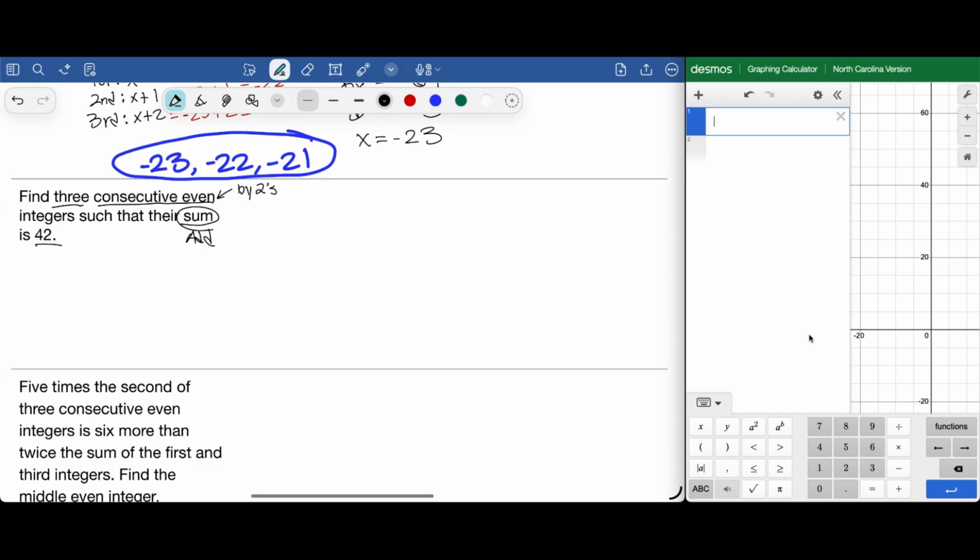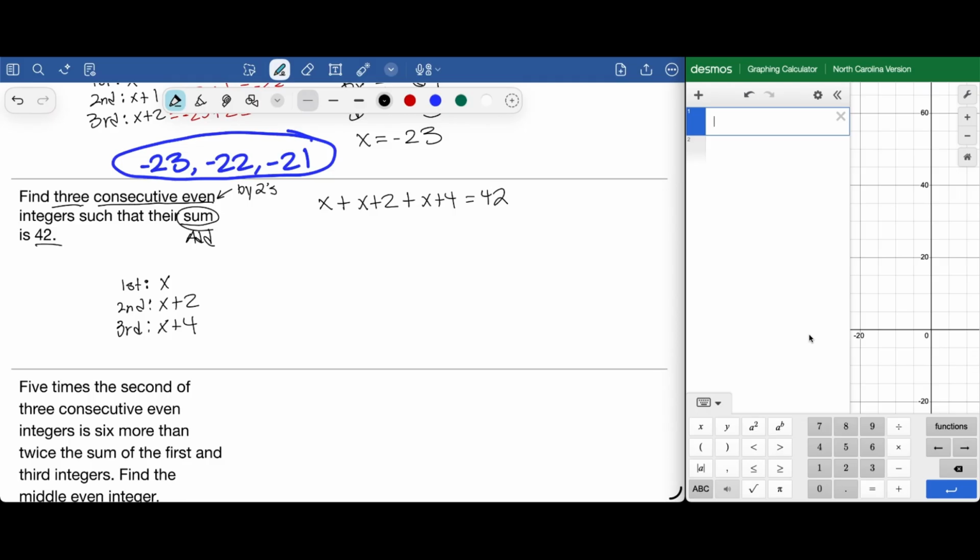So let's set up our first term is going to be x. Second term is going to be x plus 2. And our third term is going to be x plus 4. So now we set up our equation. So that's going to give me x plus x plus 2 plus x plus 4 is equal to 42.